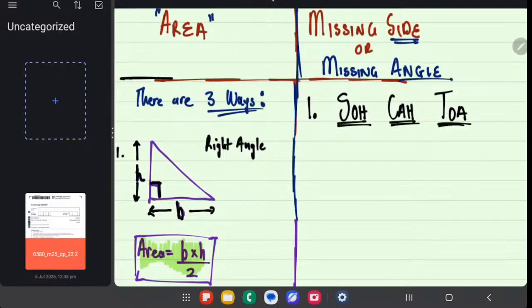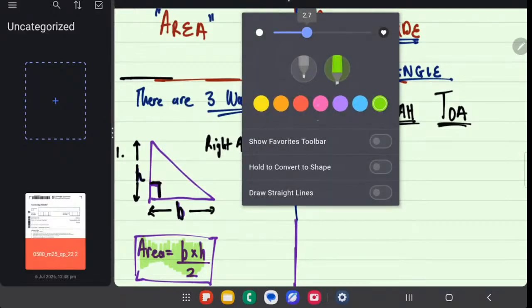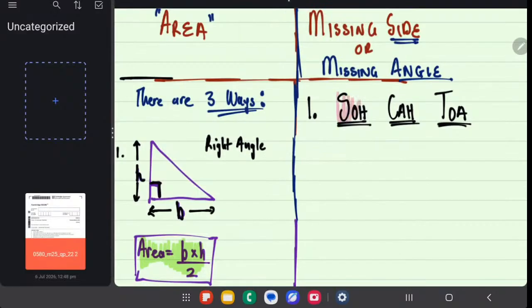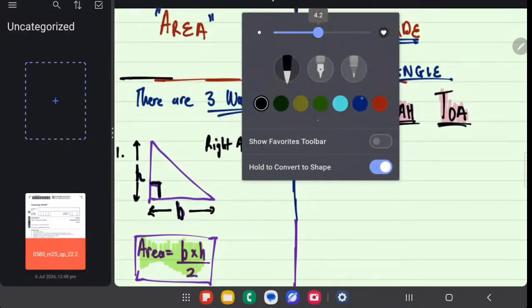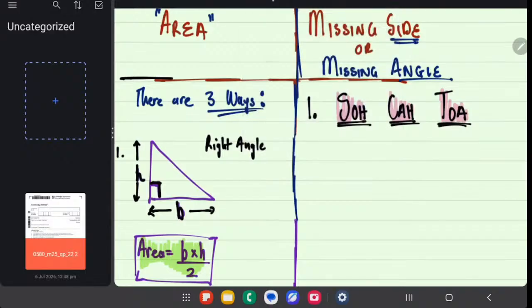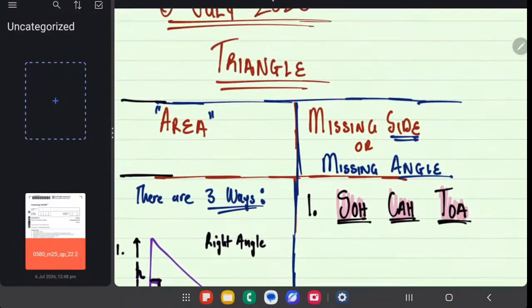Can you write for me the word Sokoto, Alex? The word Sokoto. Did you write it? I want you to write these type of neat notes.